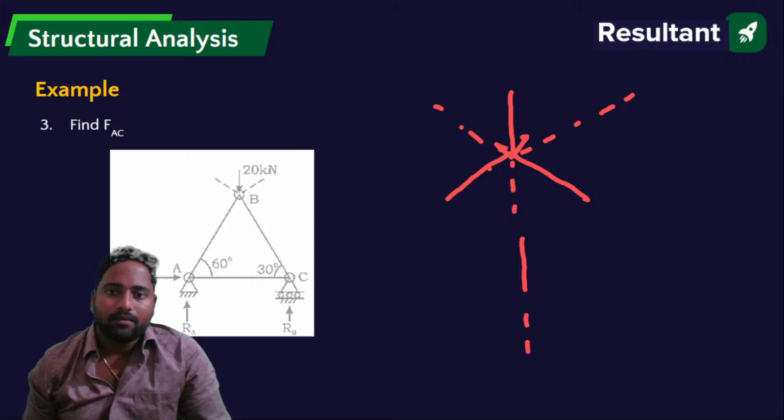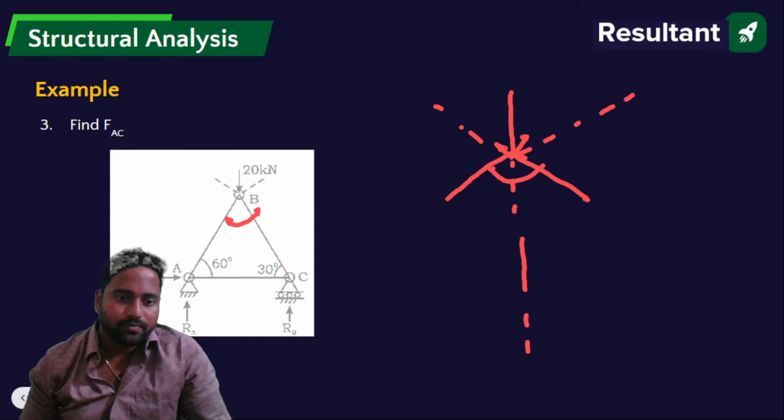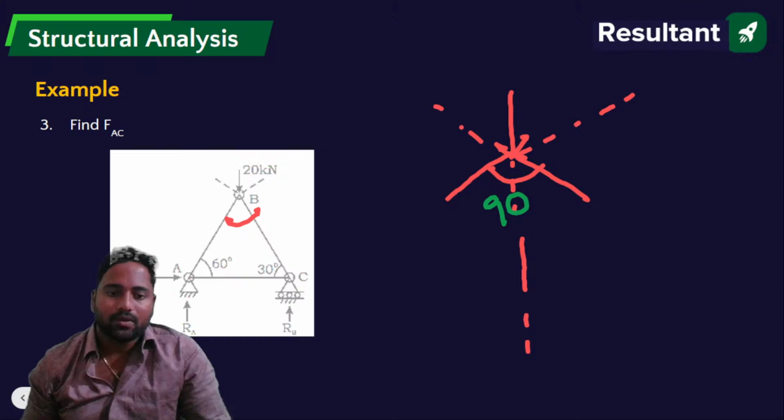If I find out the angles, I can easily find out this whole thing. This 60 and 30, this will be how much? This will be 90, no? So that is how much? This is 90. Okay, this is one thing.